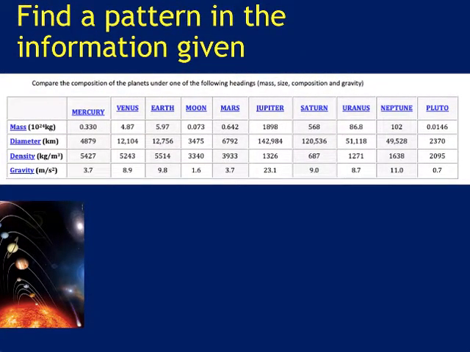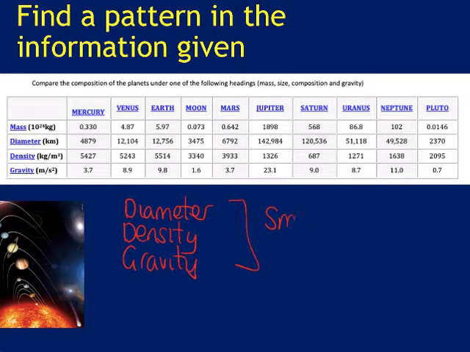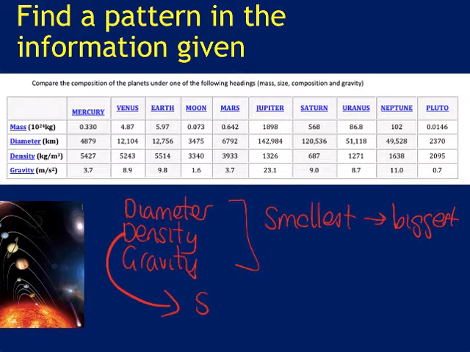In terms of this, for diameter, for density, and for gravity, list them in order from smallest to biggest. And is there anything that the densities can tell you about what state of matter the planet might be made up of?